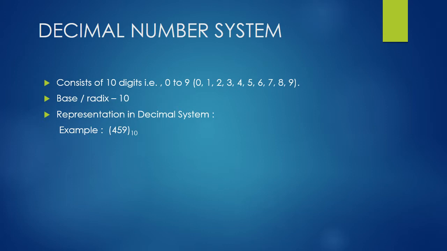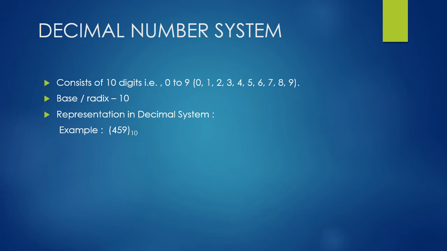Now, next one is how do we represent any number in decimal number system? Here, one example is also shown. Here you can see a number, for example, 459. Now, how do we represent it in decimal number system?